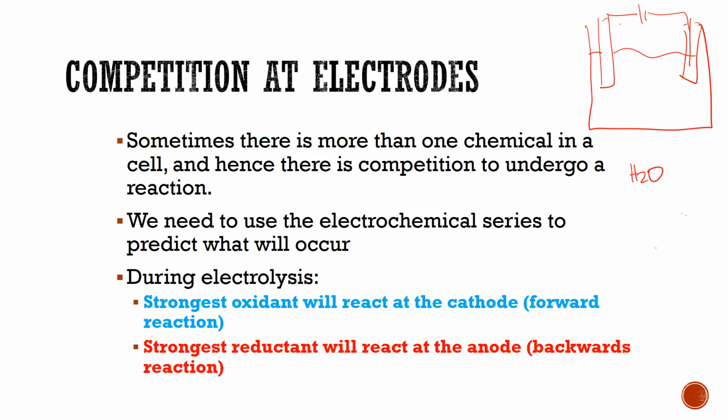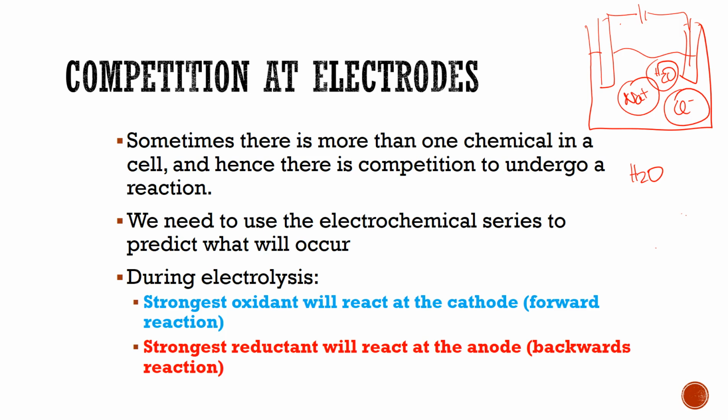But if now we add in some sodium chloride into our solution, we now have multiple things. The water could undergo electrolysis, the sodium can undergo electrolysis, and the chloride ion could undergo electrolysis. So we could be producing hydrogen gas, oxygen gas, sodium or chlorine. And we don't know which one's going to react.